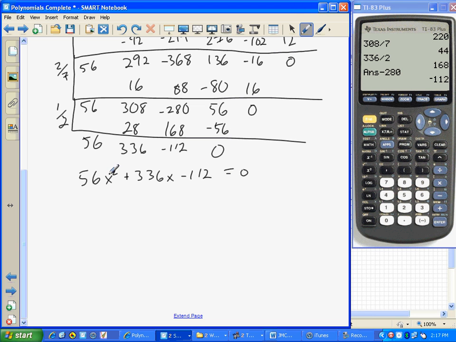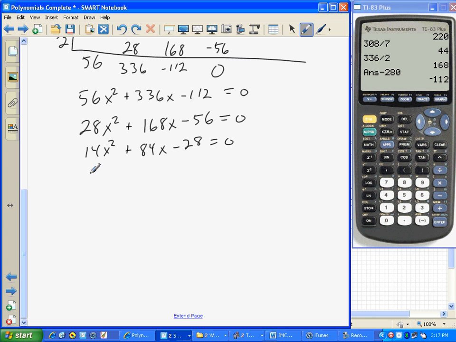I should be able to factor something out. Okay, at least a 2 because these are all even. Could I take a 4 out? I don't think so. Let's take a 2 out and see what happens. So I'm going to divide everything by 2. And still take another 2 out. This turns into 28.